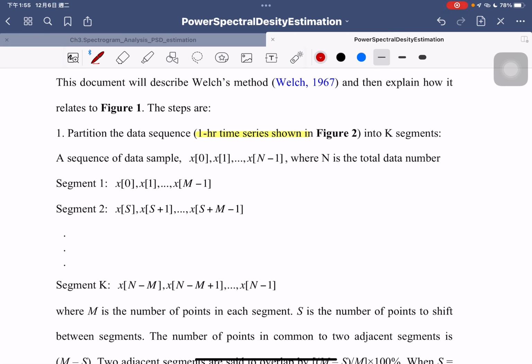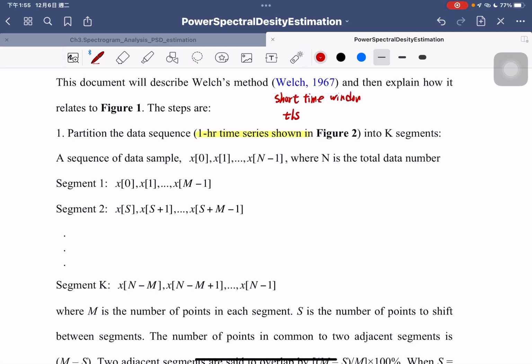So here the K, if it is the 1 hour data and I decided the short time window length, I use the TLS to indicate the short time window length.